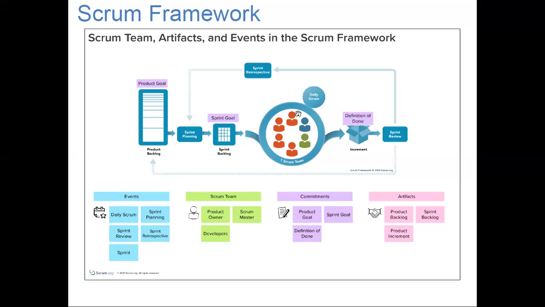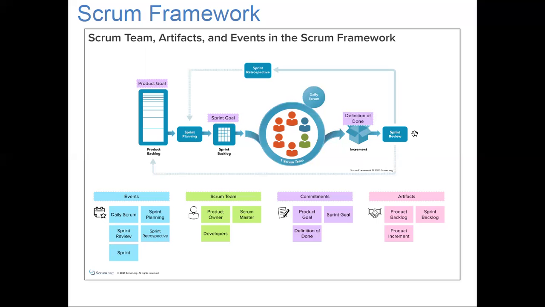And then after the sprint, we will deliver a product increment. And this product increment is tied up with the definition of done. After that, to inspect and adapt that increment, we will have a sprint review meeting.